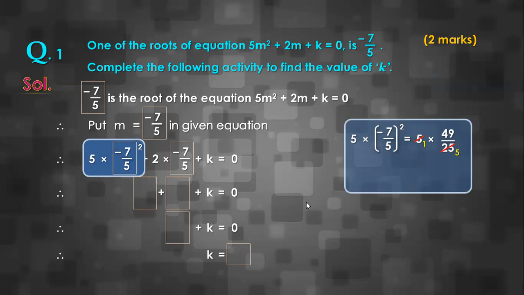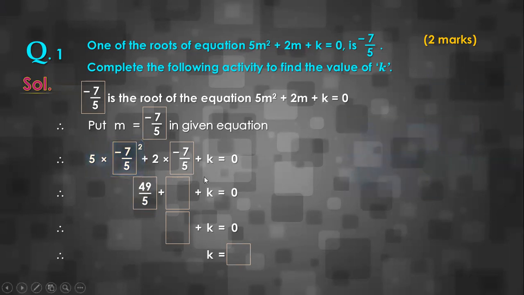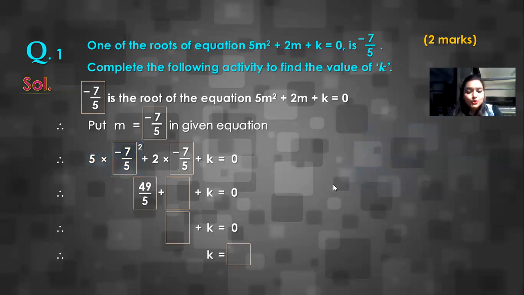So the answer over here will be 49 upon 5. Then guys, over here 2 into minus 7 will give you minus 14 upon 5 plus k is equal to 0. Now guys, you need to add or subtract as per the sign and get the next box.